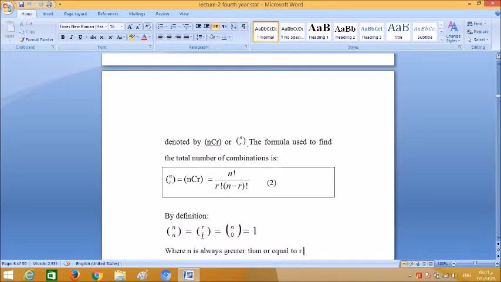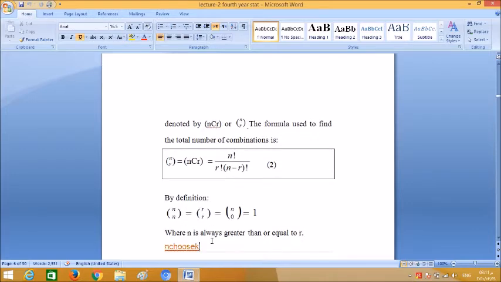N greater than or equal to R. The function N choose K is pronounced as N choose K. It means that you have to choose K from N, K subjects from N subjects, where N is greater than K. Right?